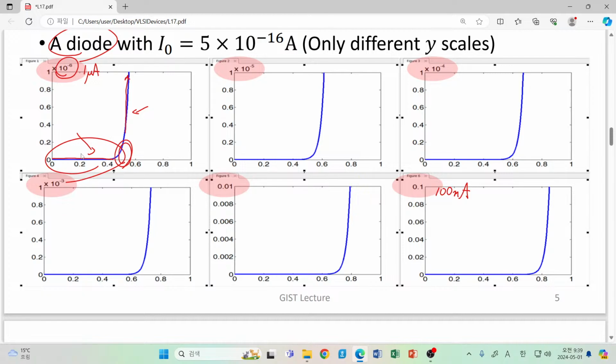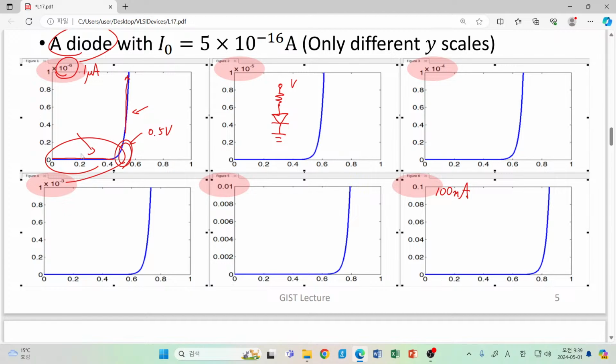So if we have, for example, a diode and a resistor here, and we apply a certain voltage that is so small, even smaller than 0.5 volt, then what will happen?